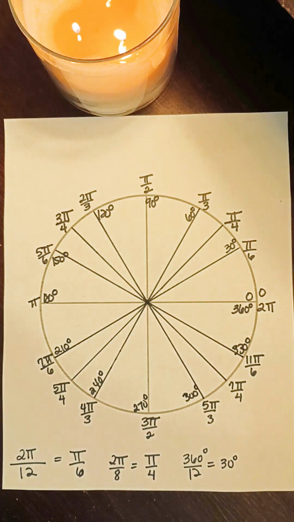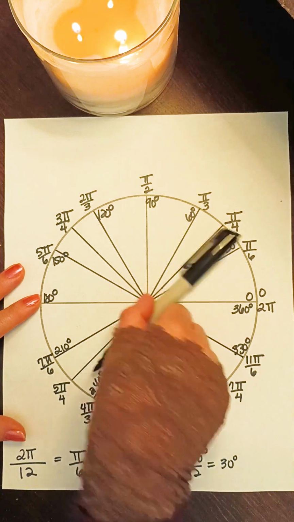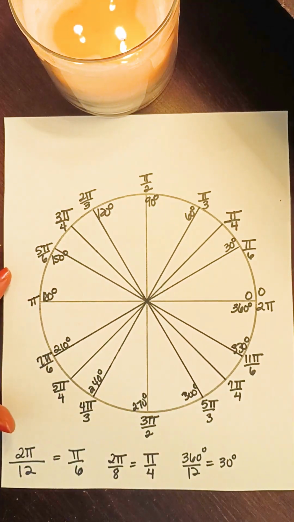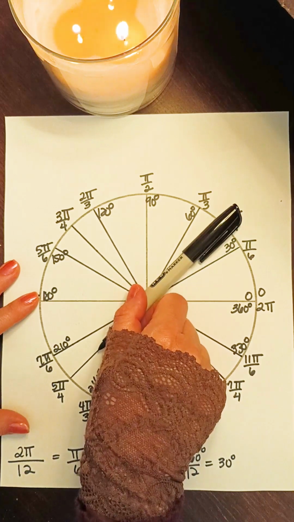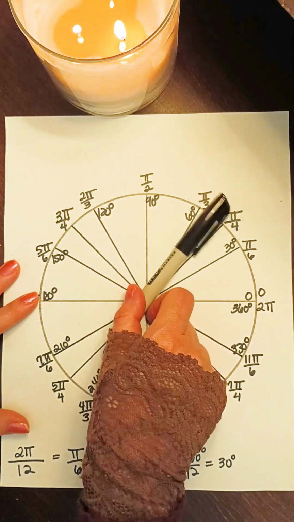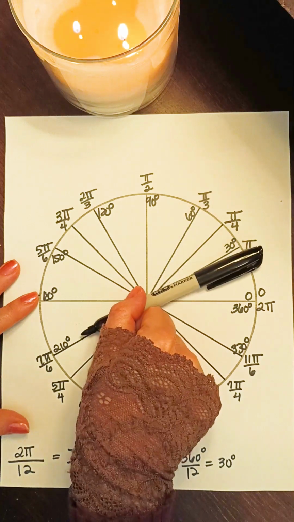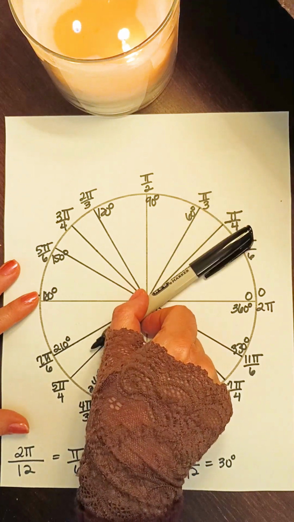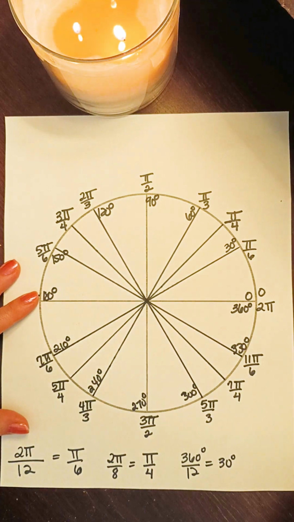Okay, so then if you see one of those parts is divided into a half. It's split down the middle. So it's divided into two pieces, 1, 2. So if one of these pieces is 30, then each half would be 15, right? 30 divided by 2 is 15.